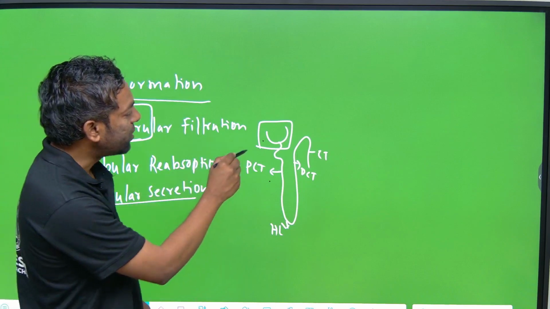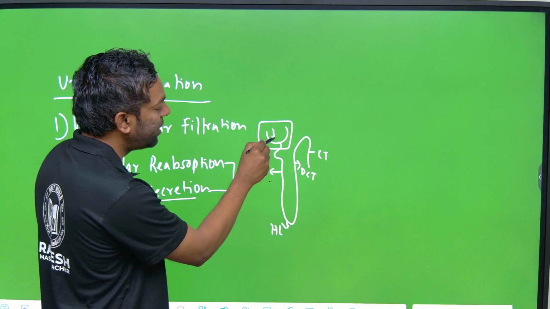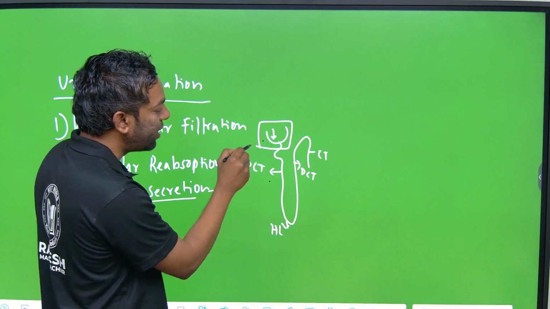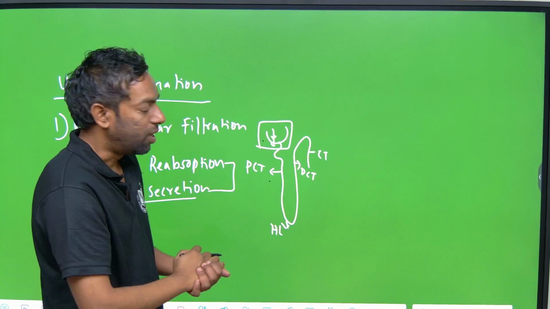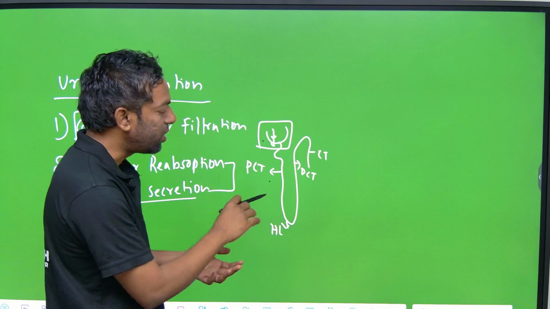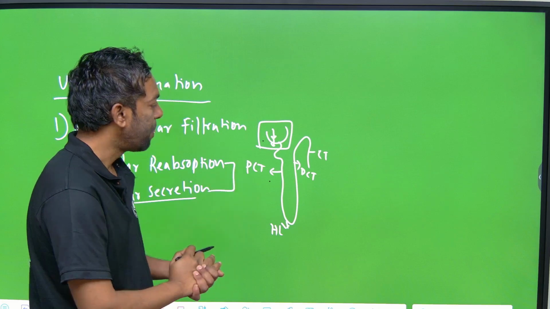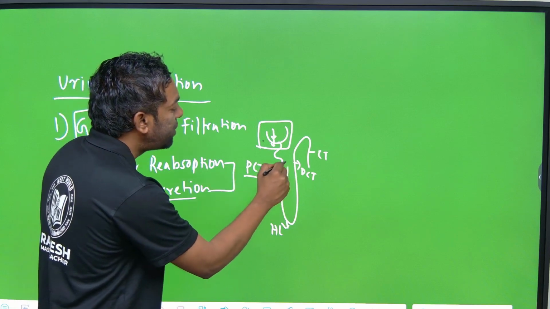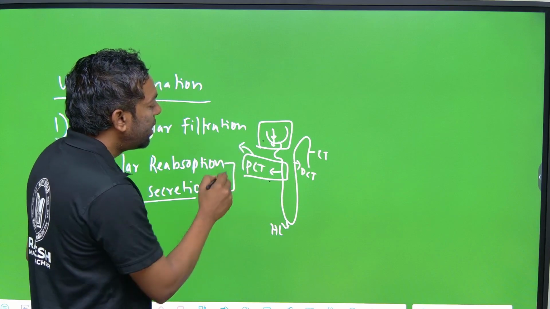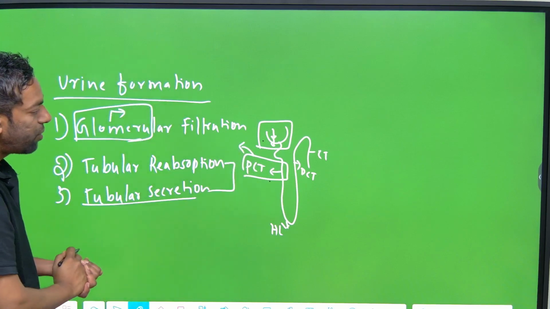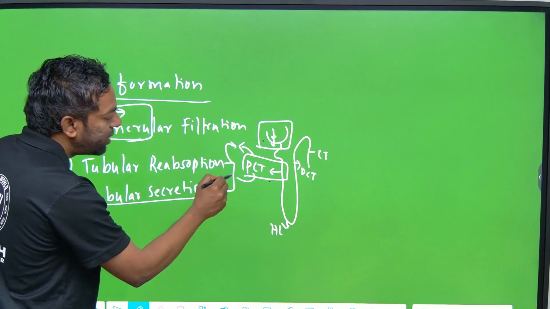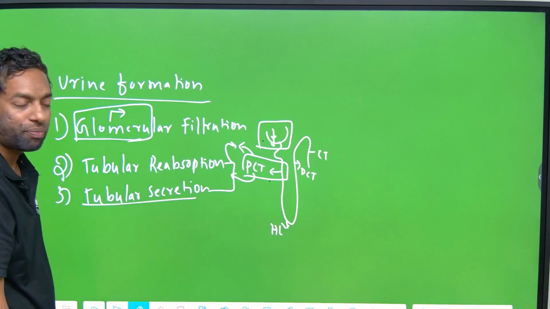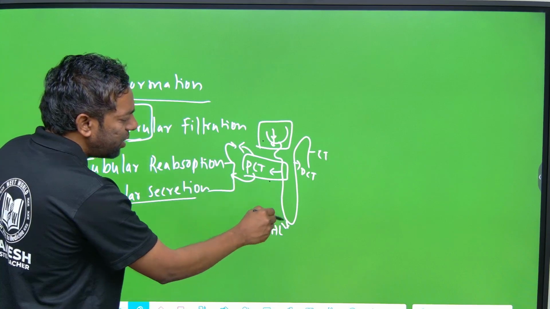Urine formation takes place here, first initially with glomerular filtration, where filtering takes place. After filtration, reactions take place within the tube to form the urine. The first place is the PCT, where tubular reabsorption and tubular secretion both take place. At the same time, this is the Henle loop.